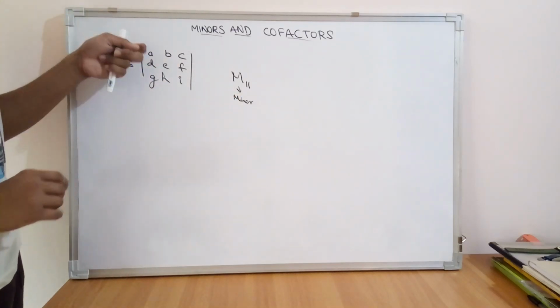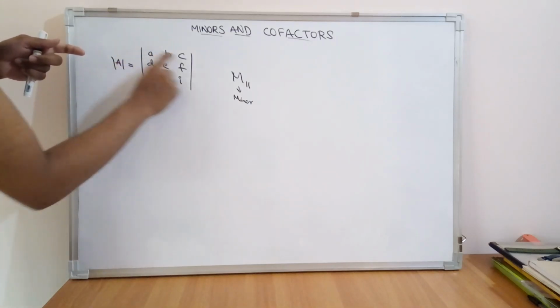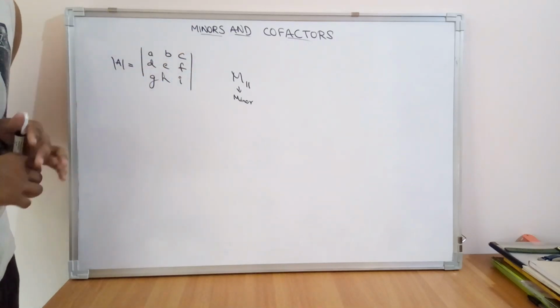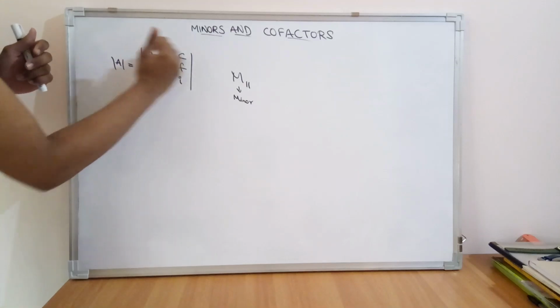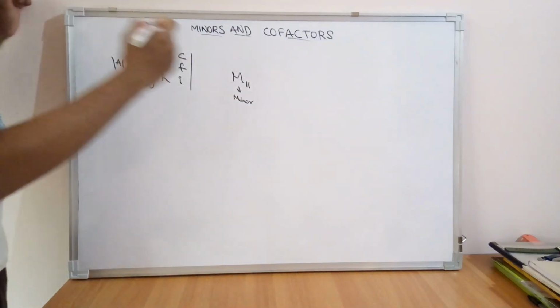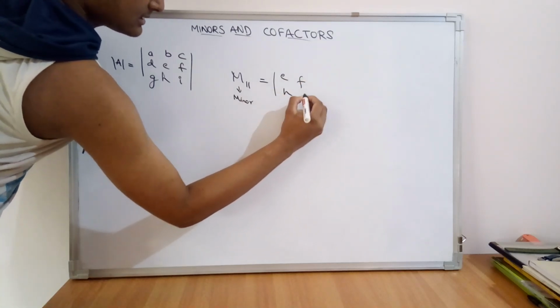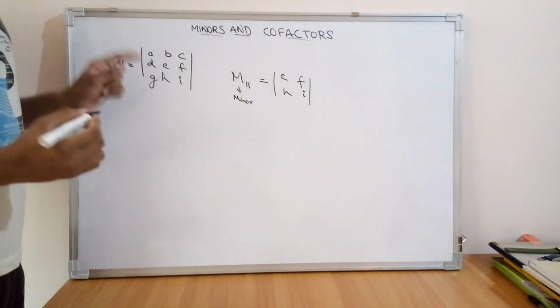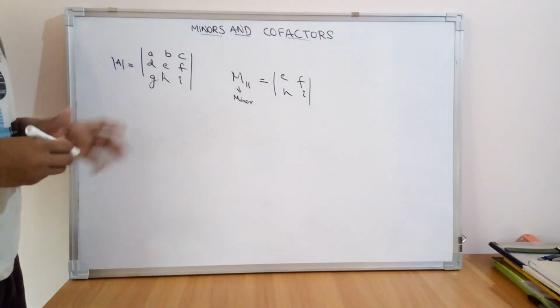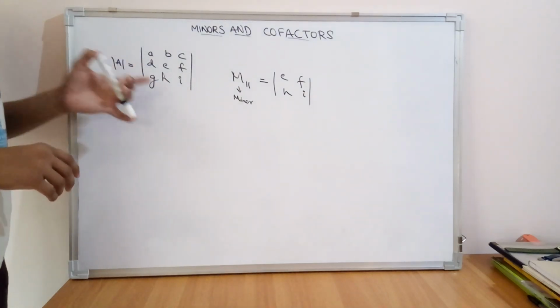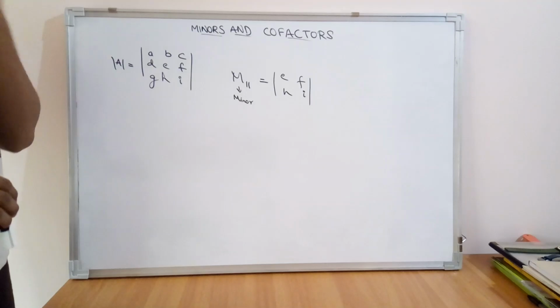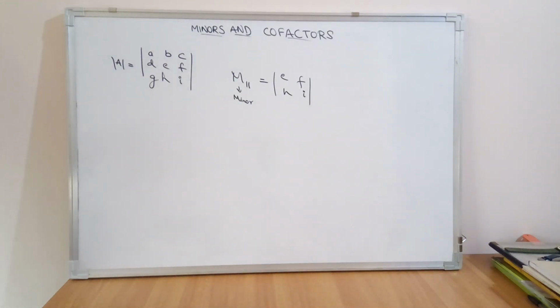For a, we delete the first row and first column, and we get E, F, H, I. That is all the elements not present in its row or column. That determinant is called the minor of a.